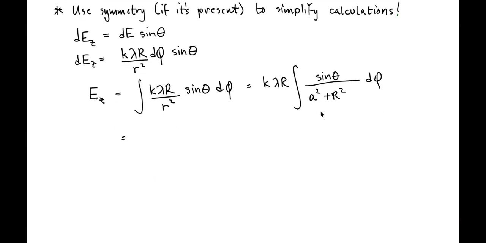So that means sine of theta is a constant, a is a constant, we're looking at a single point in space, and capital R is a constant. So we could pull all of those constants out of the integral. And look at how simple this integral becomes. It is just d phi.